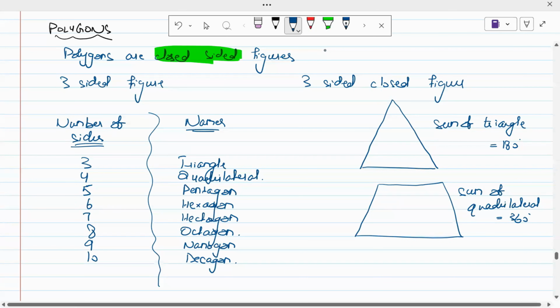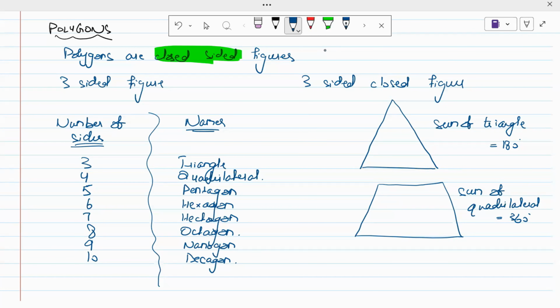But what if we have a 5-sided figure whose sum we need to know? A 6-sided figure whose sum we need to know, what should be the sum of all 6 angles inside the hexagon? For this, we have a couple of formulas to be remembered.